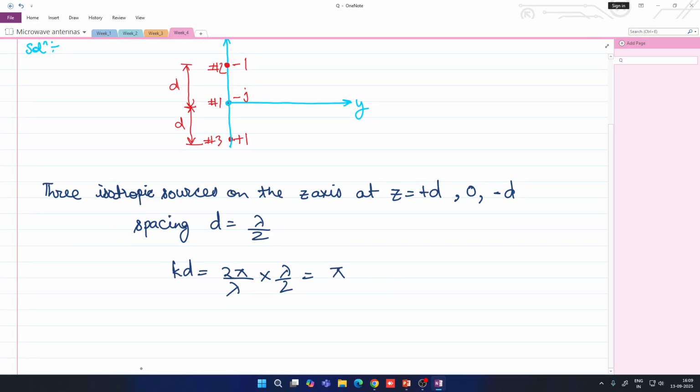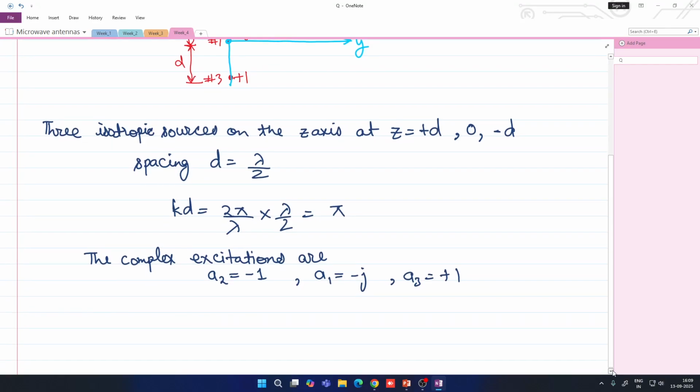The complex excitations are shown in the figure itself: A2 is -1, for isotropic source 1 A1 is -j, and A3 is +1.